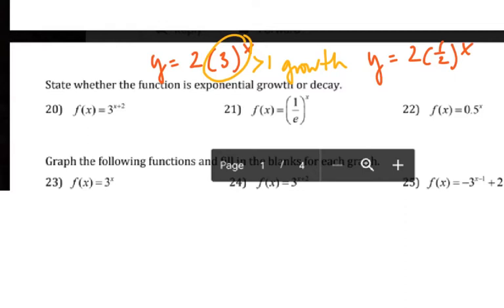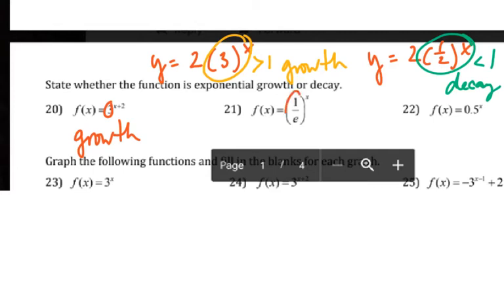If this number is less than 1, 1/2 is less than 1, then it's called a decay. So for number 20, that is a growth because the base, the thing underneath the x, is a whole number, bigger than 1, so it's growth.